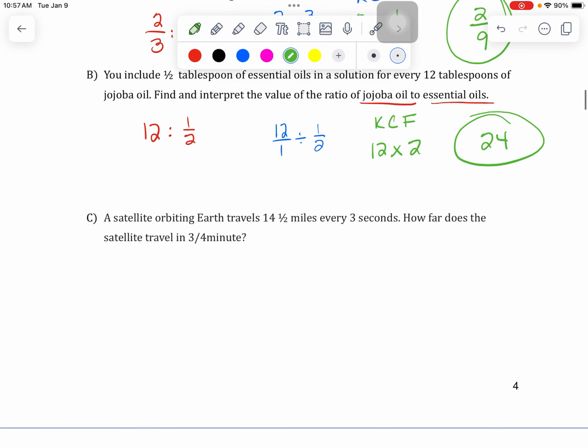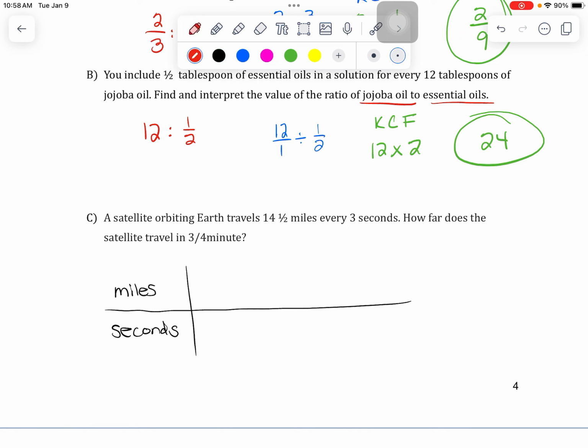And then our last one here says a satellite orbiting Earth travels 14.5 miles every 3 seconds. How far does the satellite travel in 3/4 of a minute? All right, so for this one, I made myself a little ratio table. So I know that I'm looking at miles and I'm looking at seconds.